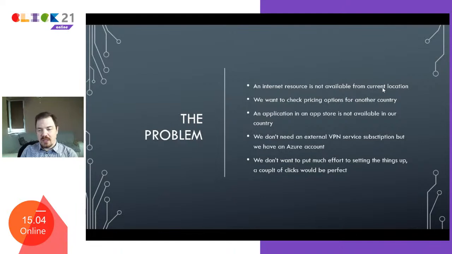Also, from my personal experience, some applications from Google Play or from the App Store are not available in a particular country. So we would like to set up some VPN connection to mimic our location, to pretend to be in another place than we are now.